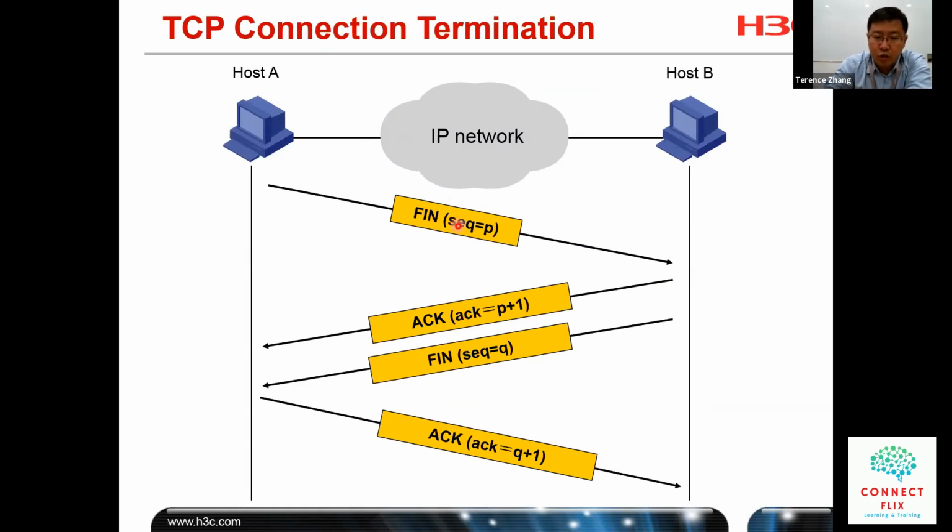Okay, so the 4 handshake: FIN, sequence is P, ACK is P plus 1. Right? Always confirm yours plus 1. And then my sequence is Q, and ACK is Q plus 1. So that's simple, right? 3 handshake to build a connection, 4 handshake to terminate the connection. Remember that.